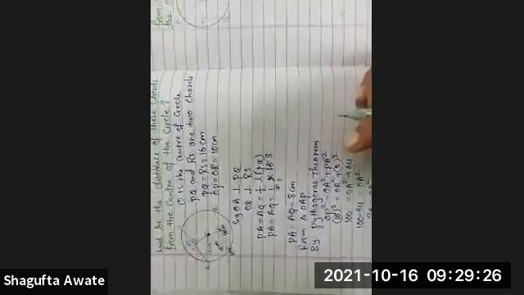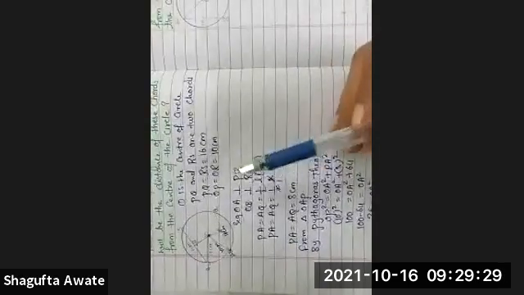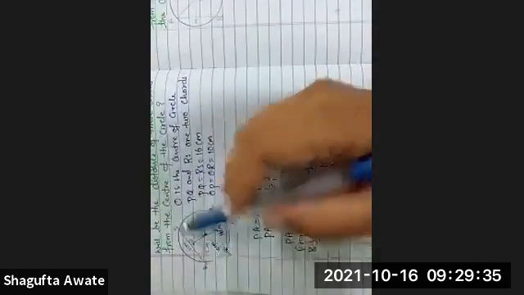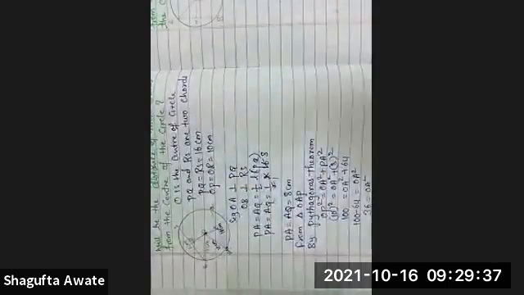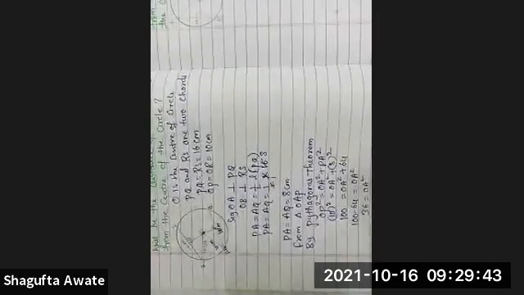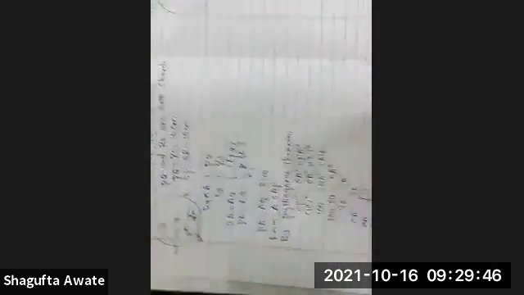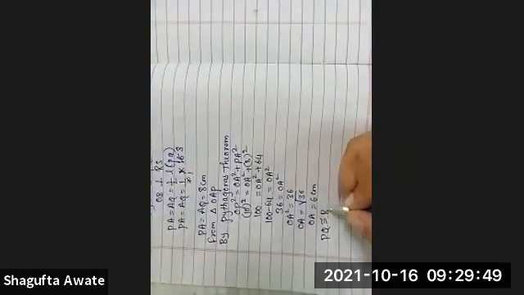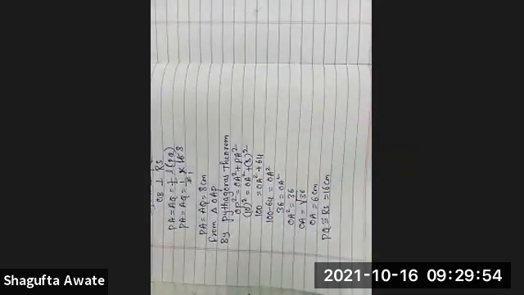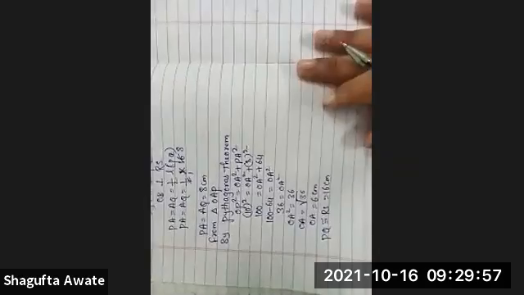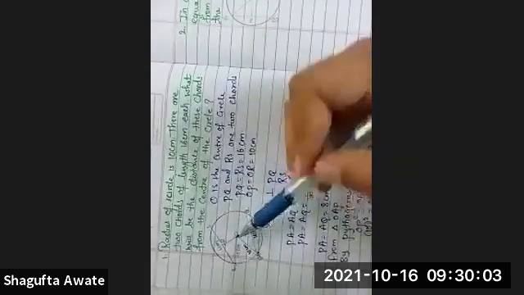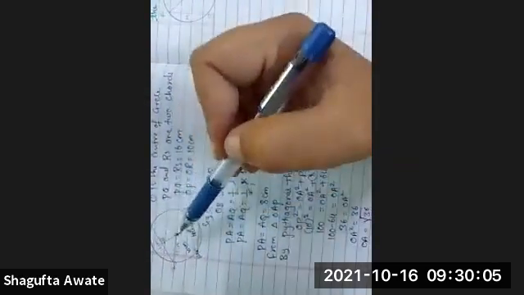Now see, both the chords are of equal length. PQ is congruent to RS. Both the chords, RS and PQ, are of the same length here, that is 16 centimeter. Congruent chords are equidistant from the center. If OA is 6 centimeter, then OB is also 6 centimeter.